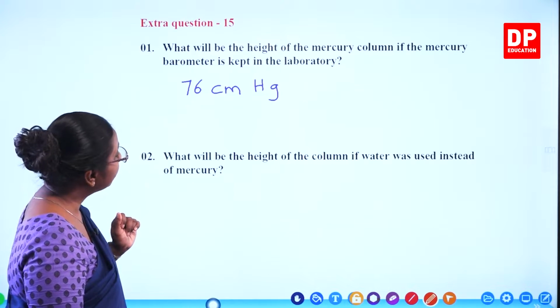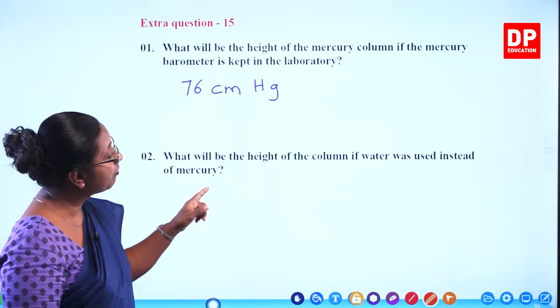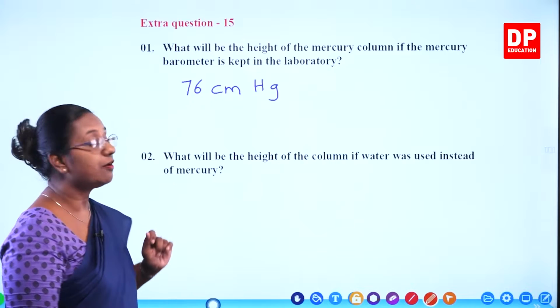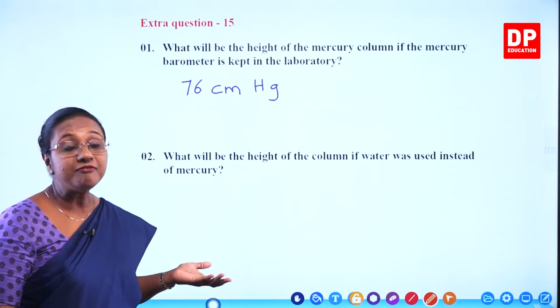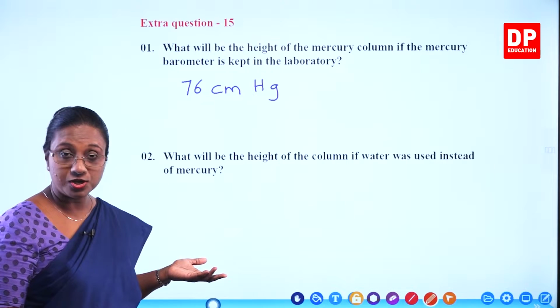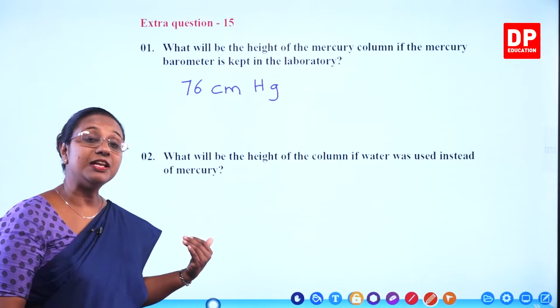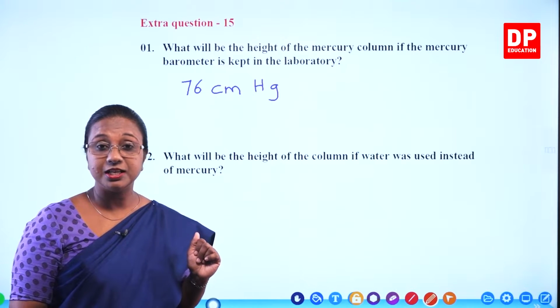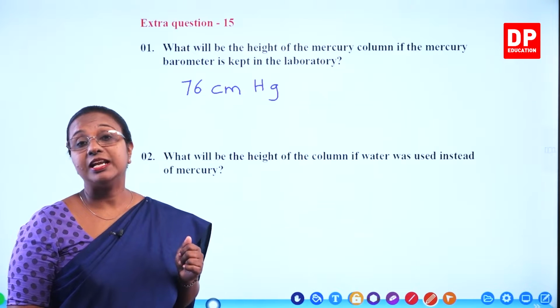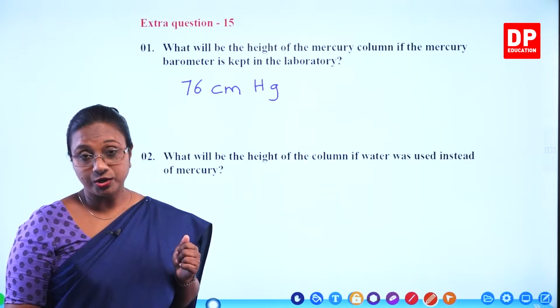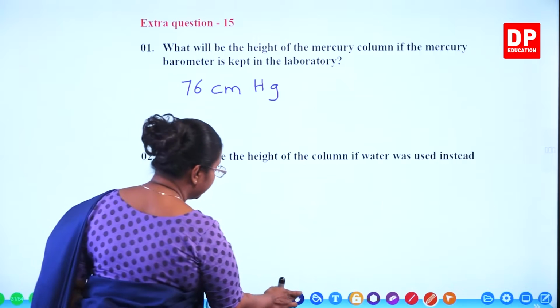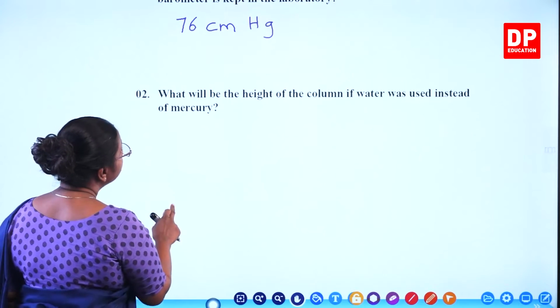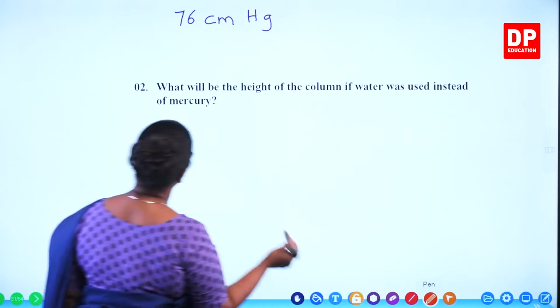Second one, what will be the height of the column if water was used instead of mercury? We have done this calculation before also. Earlier, we calculated the pressure exerted by the mercury column, then we calculated the height of the water column. Here, I will do it in a slightly different method.